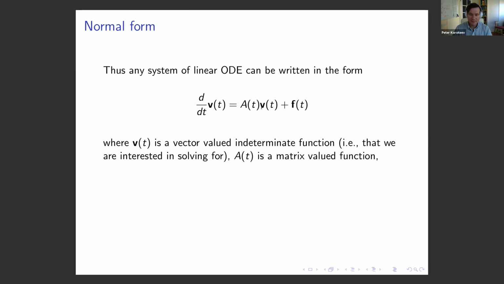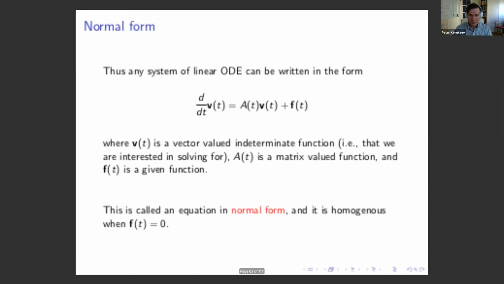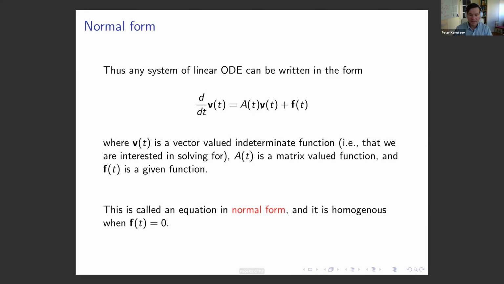A is a matrix which depends on t, and f is a certain function. So this is the so-called normal form, and it is homogeneous when there is no additional function, when f of t is equal to 0.